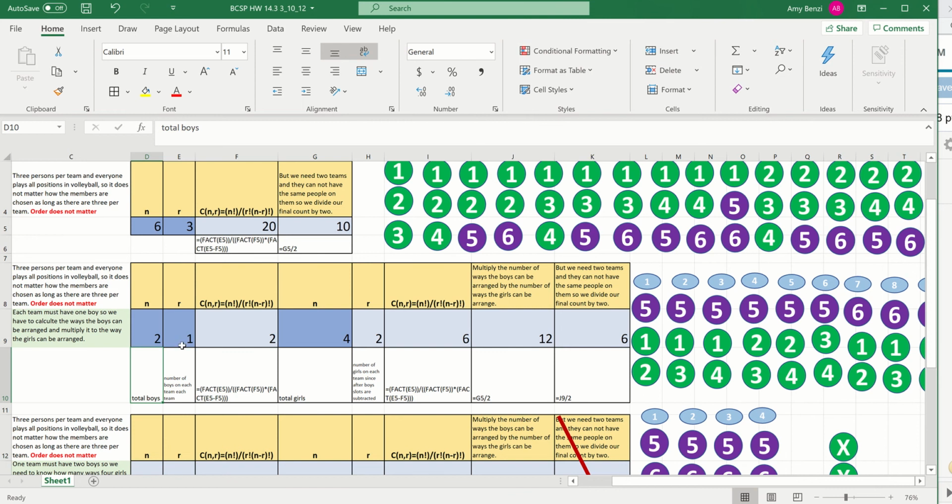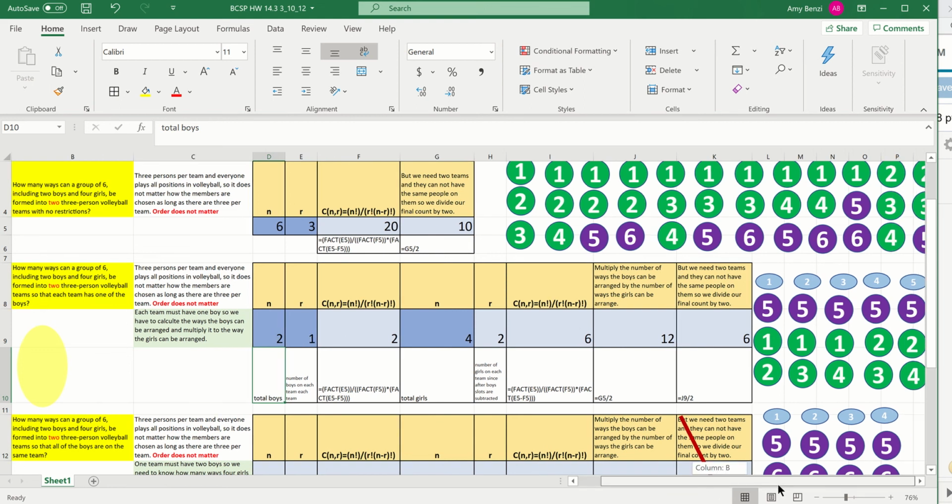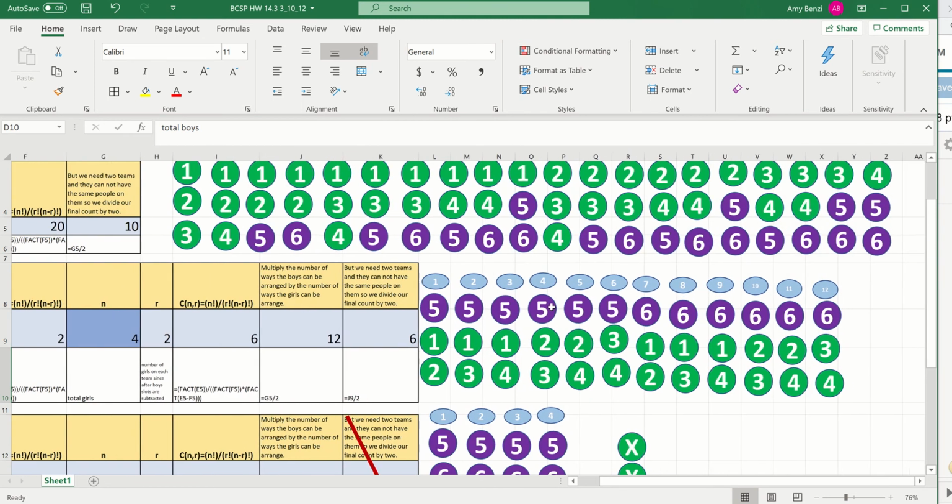In this case, only one, because it said that each team has one of the boys. So I have two boys with one boy on each team, and there are only two ways to do that, which is what you see when you look at this over here.